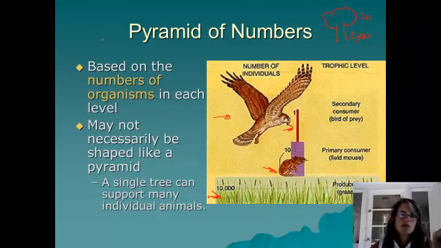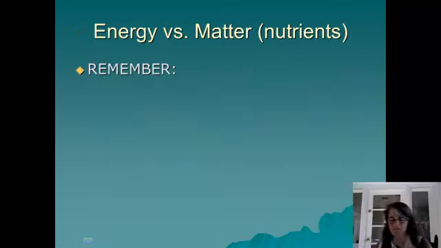So in this case, you'd only have one producer, but because it's such a big producer, it could support a bunch of insects and then a few birds or whatever. Okay. So just be aware of that. That's not a big deal. Generally speaking, you need to get that pyramids start big at the bottom and get smaller at the top. Okay? All right.